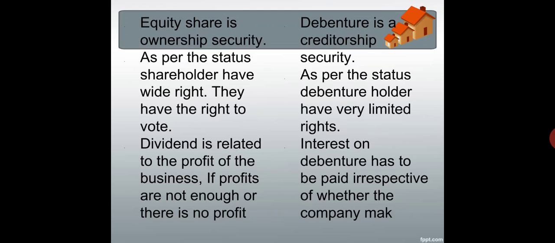While in debentures, debenture holders have very limited rights, and truly speaking, they do not have the right to vote. They have no voting rights as compared to equity shareholders, because debenture holders are the creditors of the organization, and creditors have no right in the management.